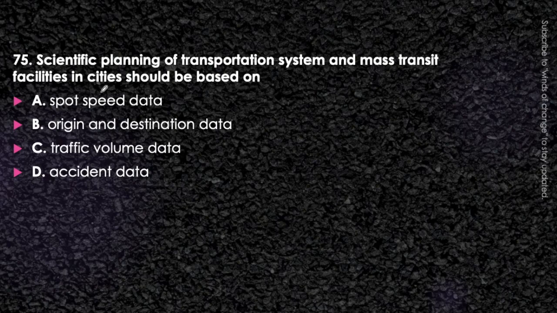So which one will be preferred? The data that will be adopted here will be the origin and destination data, that is option B will be correct, in which we will do the origin and destination survey between 2 points A and B. Let's say these are 2 cities A and B, then we will go for the OND data.